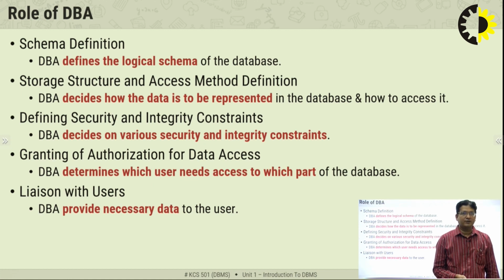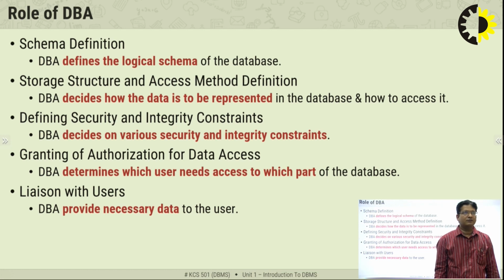Next, he is the person who grants the authorization to the user for database access. What the user can access, who can access the database, what privilege he or she has. That is also the function of DBA. He is the person who is liaising with the users. He provides the necessary data to the user.